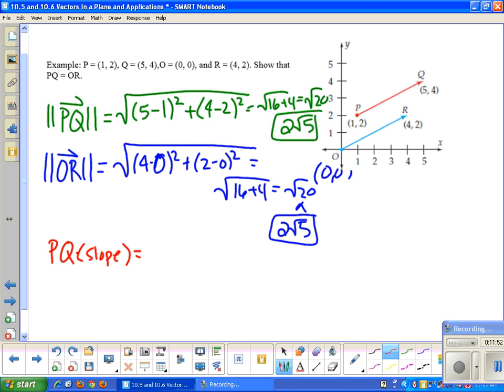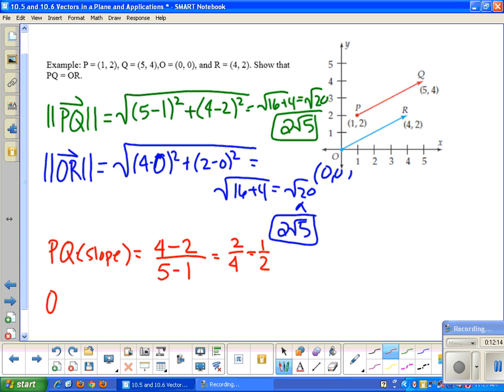So the slope of PQ would be your y coordinates minus your other y coordinates. So let's do 4 minus 2 over 5 minus 1. So we get 2 over 4, which is 1/2.